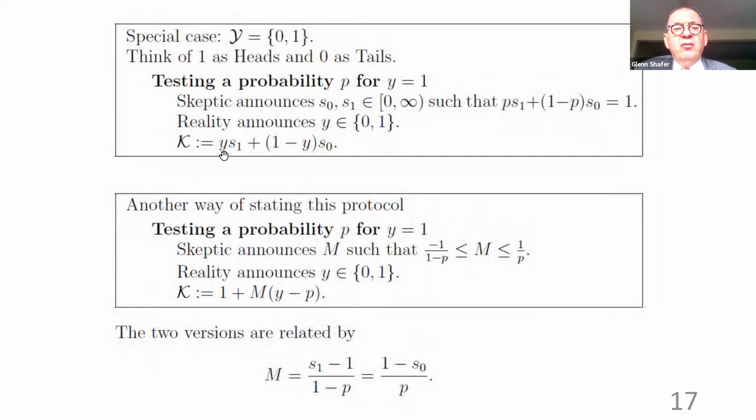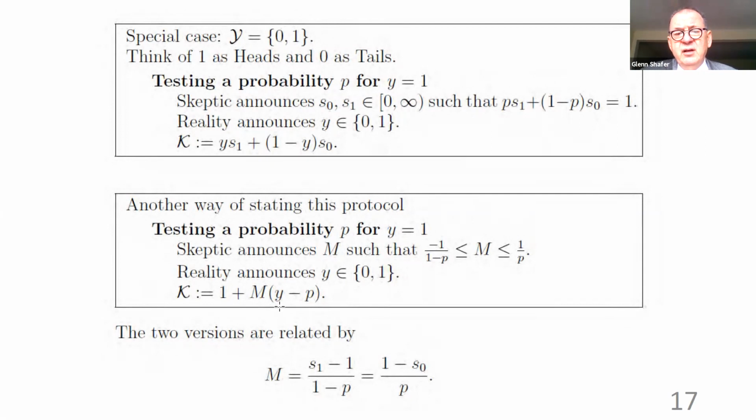And then if you figure out what this equation is in terms of M, it's equal to 1, our initial capital, plus M times Y minus P. There's another way of writing the same protocol. You could spend a little time doing the algebra to see why this is equal to this. But it's a convenient way of writing this protocol because we can generalize it to other protocols.